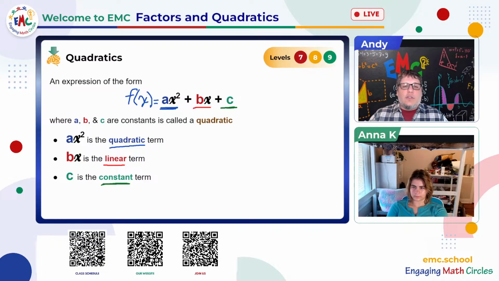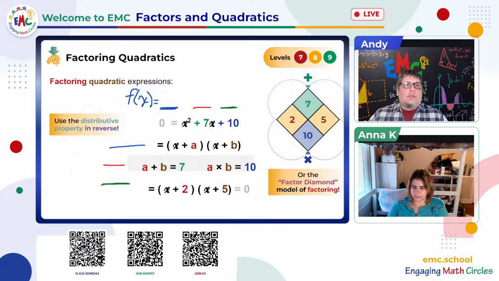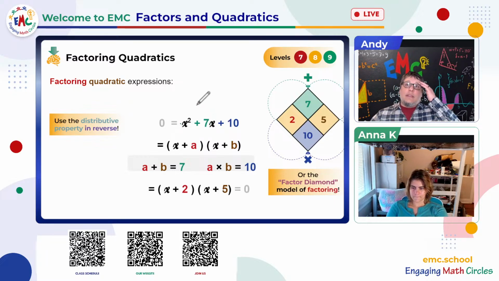So to factor quadratics, we're going to look at this form. We have 1 for A, we have 7 for B, and we have 10 for C. And to factor them, we play our minigame.